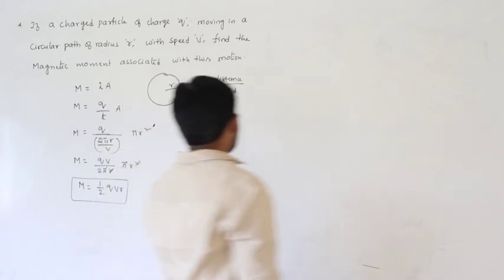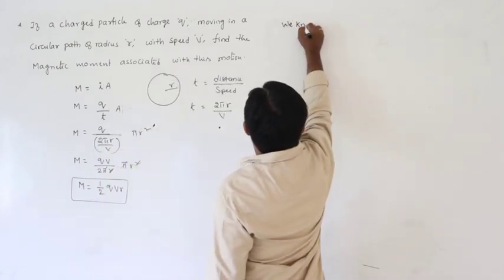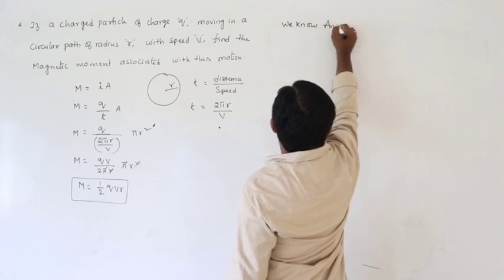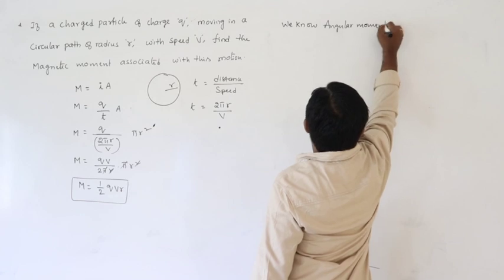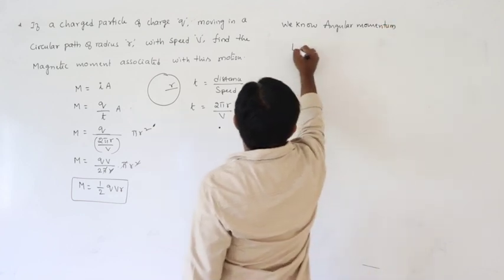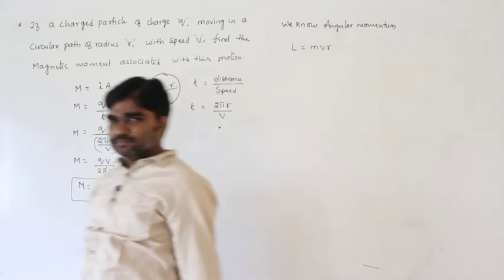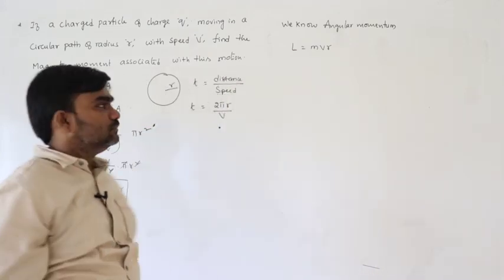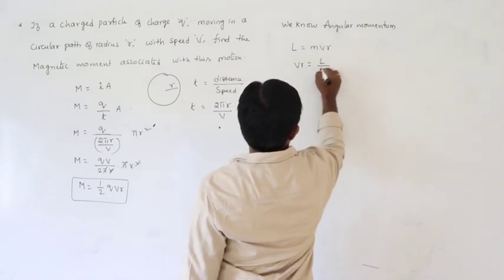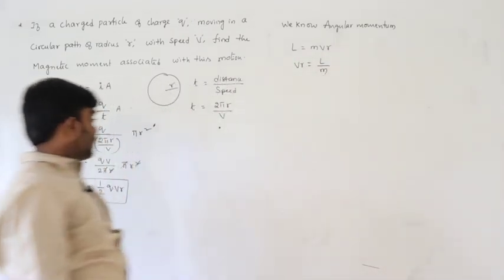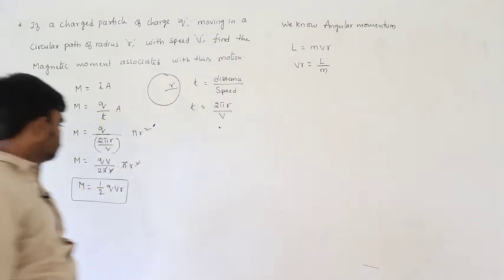Now, from this, we know angular momentum can be written as mvr, or I omega. So, vr is equal to L by m. This gives the relation between magnetic moment and angular momentum.